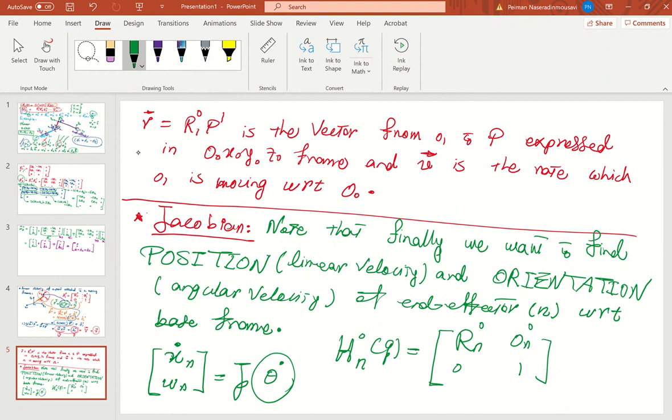So in this notation, this Q is equal to the vector of Q1, Q2, up to Qn transpose, which are joint variables or angles.